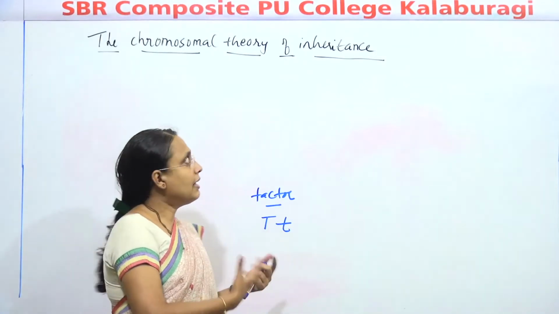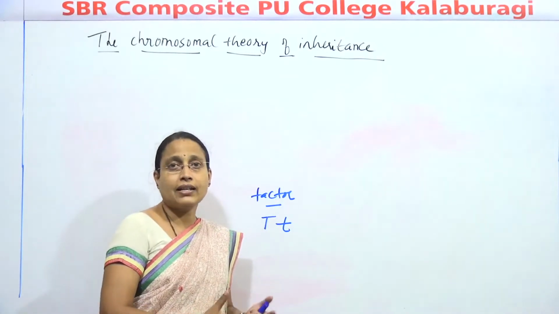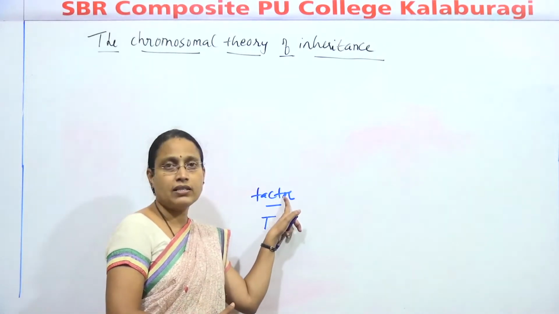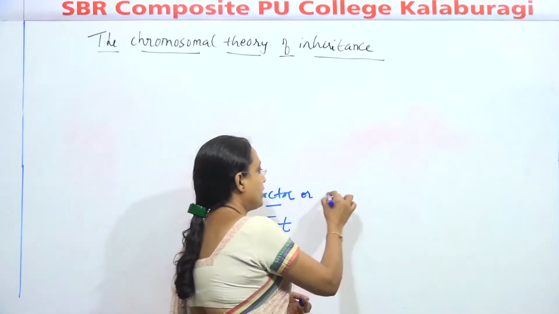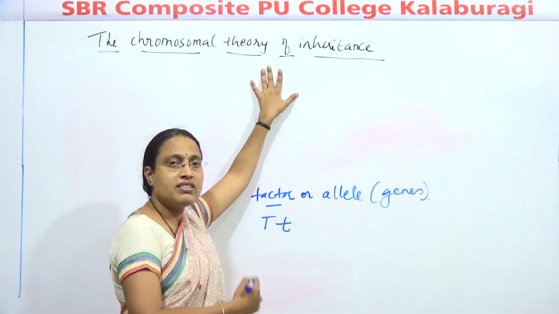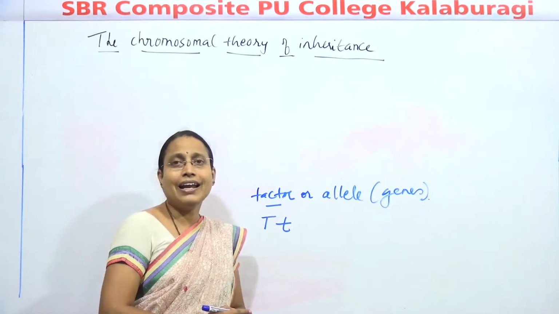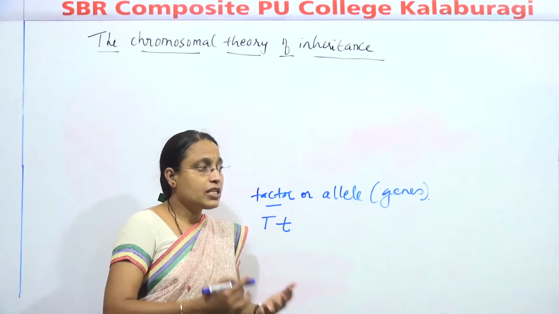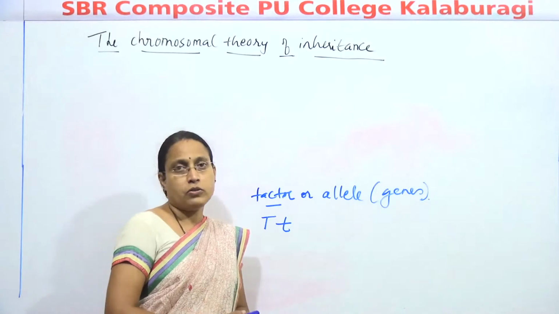So in this theory, they slowly find out what these factors are, that is, the Mendelian factors, the hereditary material responsible for transmitting characters from parents to offspring.